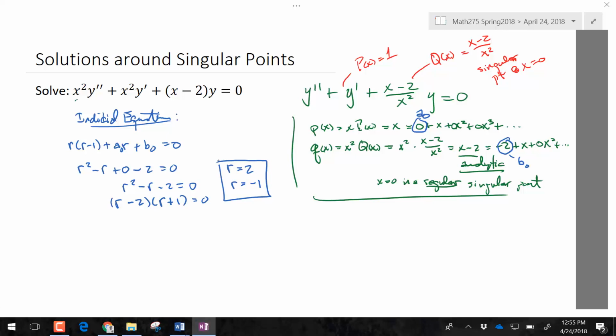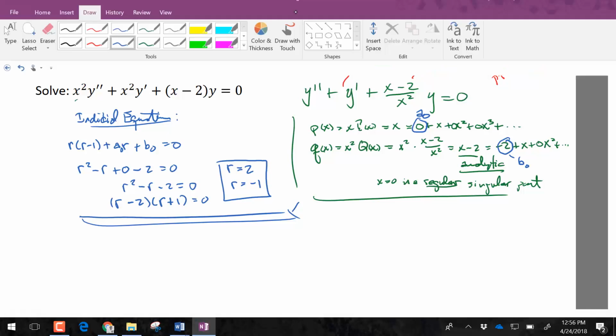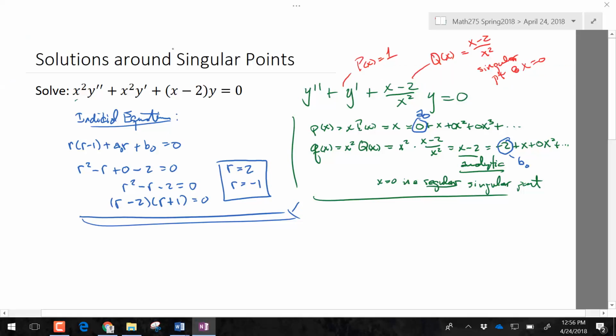What's kind of neat about this is that I was reading somewhere that if you have roots that differ by an integer like this, to start off with the smaller root first.